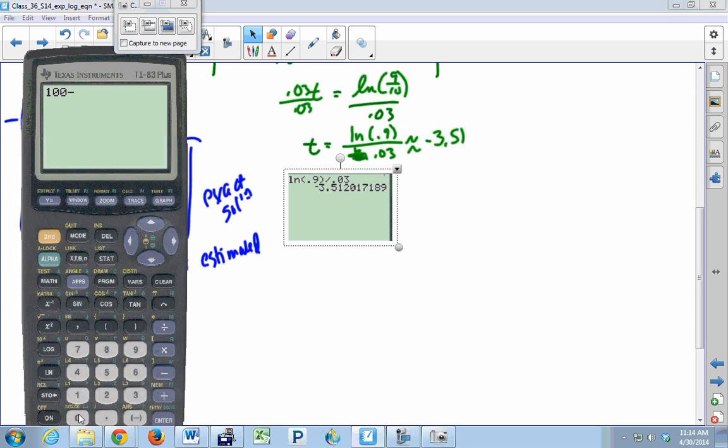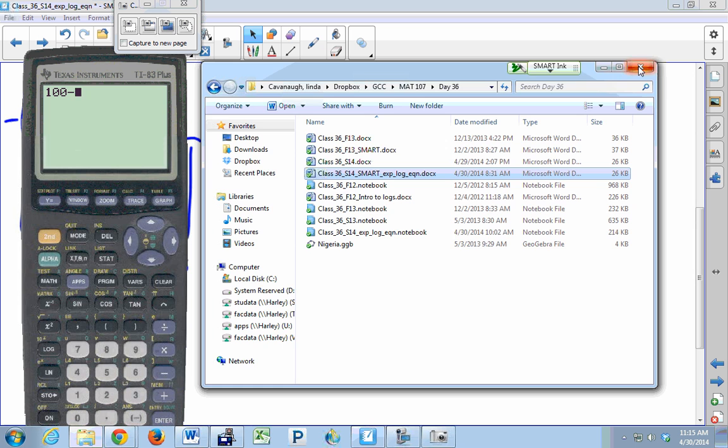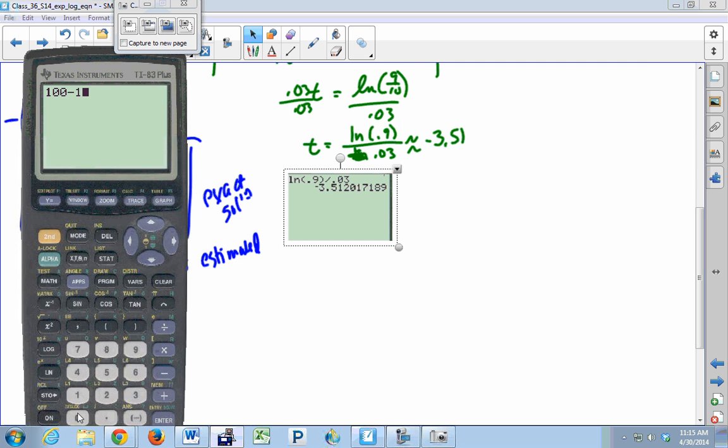So it's 100, take away 100 times e, second natural log, because they're inverses of each other. And what is it? 0.03 times negative 3.51. 9.99. That's pretty close to 10. You see, because it's estimated.